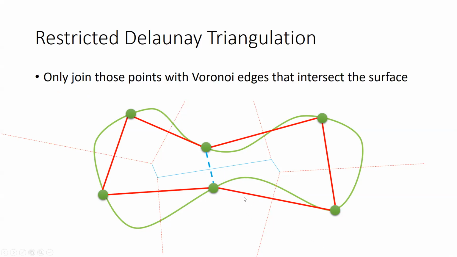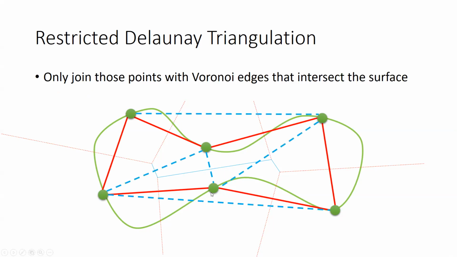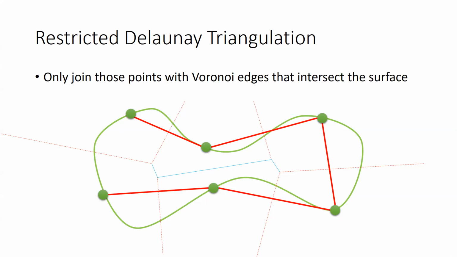For example, this is supposed to be in the Delaunay triangulation. The broken blue edges are supposed to be in the full Delaunay triangulation. You can see that they're not included in the surface, except this red edge that approximates the surface. Okay, this method is called restricted Delaunay triangulation, which is how you reconstruct the surface with simply the Voronoi and Delaunay complex.